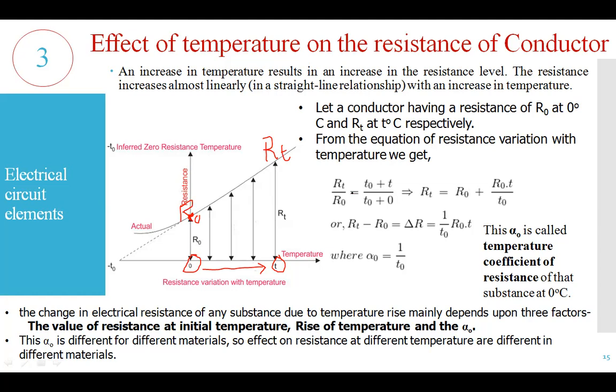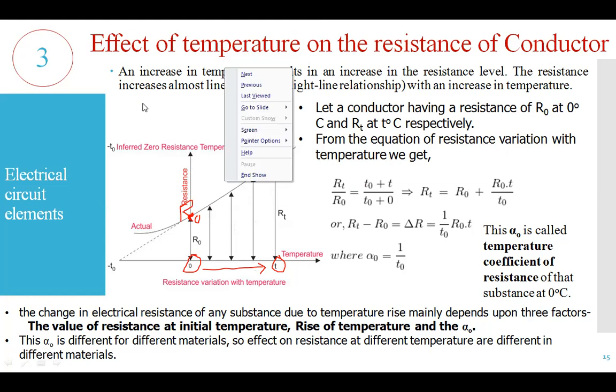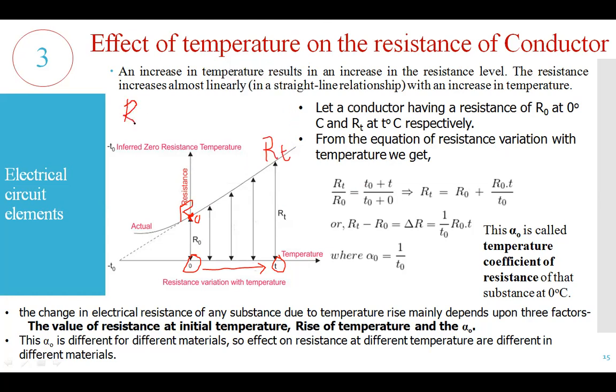Now, from this equation, if we identify the resistance variation, what can we write over here? What is the change in the resistance we have? RT minus R0. Can we say it is the change of the resistance value?